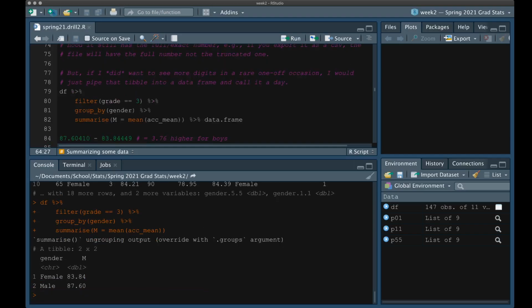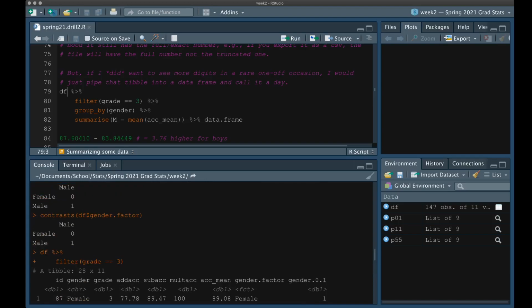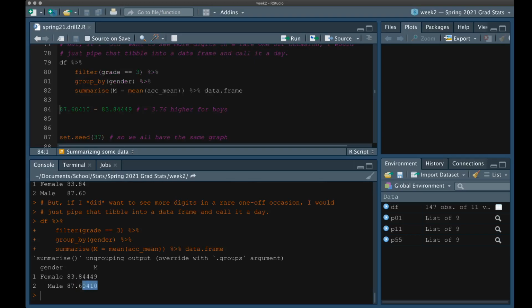Or if you don't want to bother with having to remember the pillar sigfig and change the actual options for the whole thing, you just want to see more digits on this one particular table, you could always just pipe it into a data frame, and when you do the data frame, it will give you more decimal places.